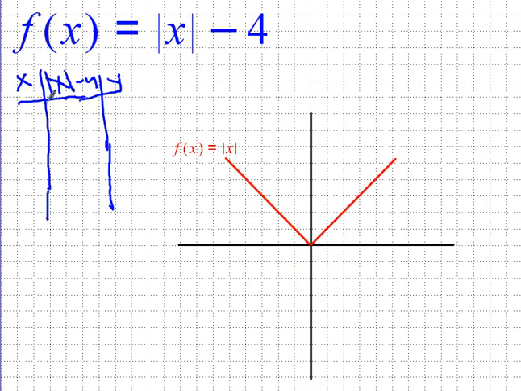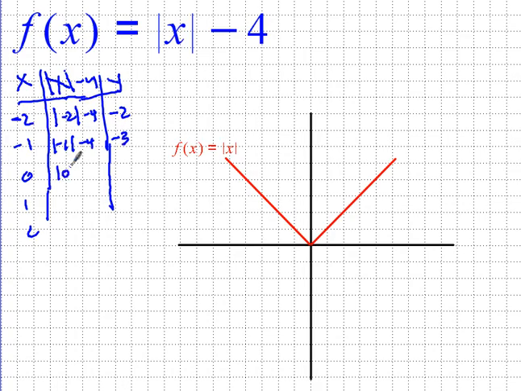Okay. So what we're going to do is we're going to use the points -2, -1, 0, 1, 2. So I'm going to plug these in. Absolute value of -2 minus 4. Absolute value of -2 is 2. 2 minus 4 is -2. The absolute value of -1 is +1 minus 4 is -3.